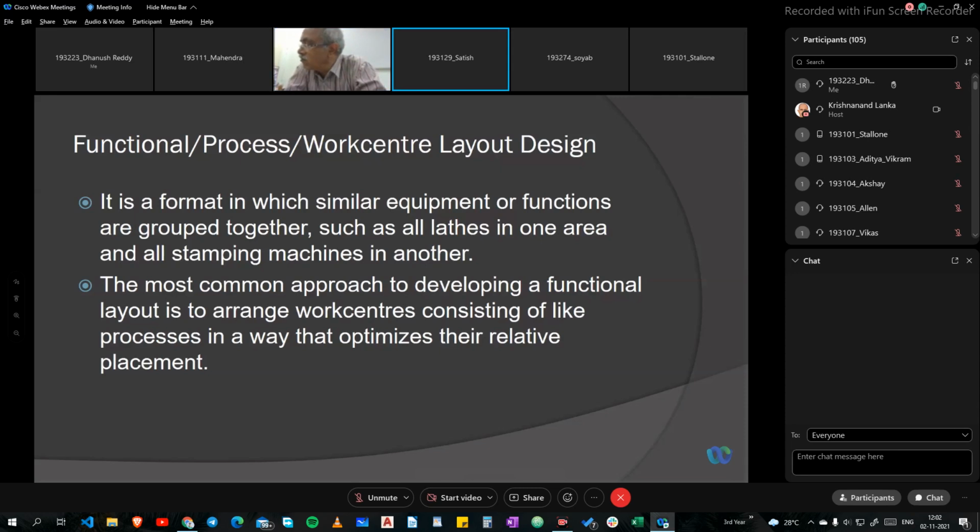For example, in a lathe-based company, first the planing operation should be done, so planing should be placed first, and after that the succeeding operation equipment should be there, and so on.